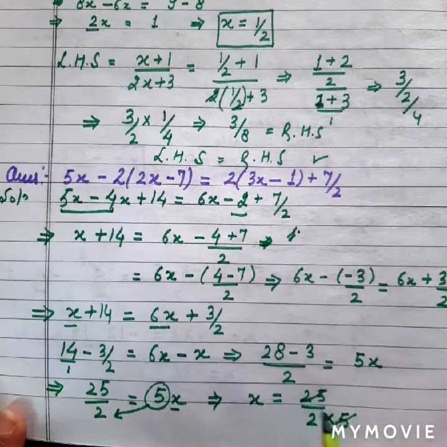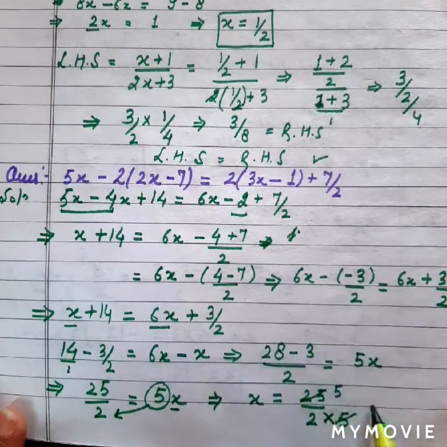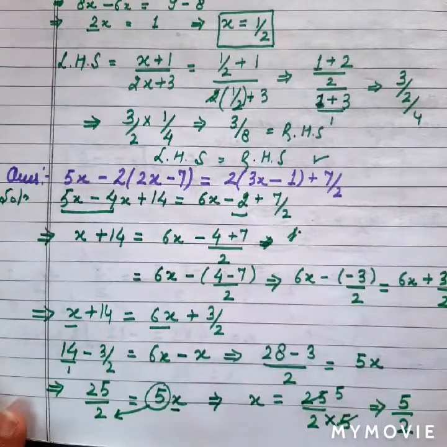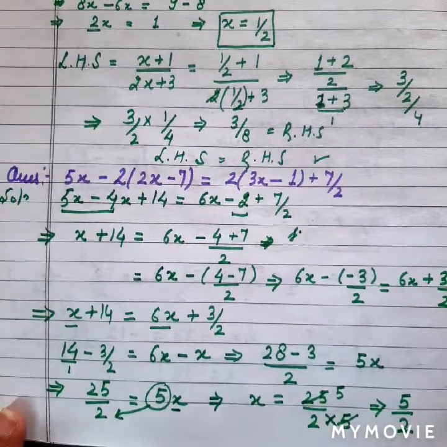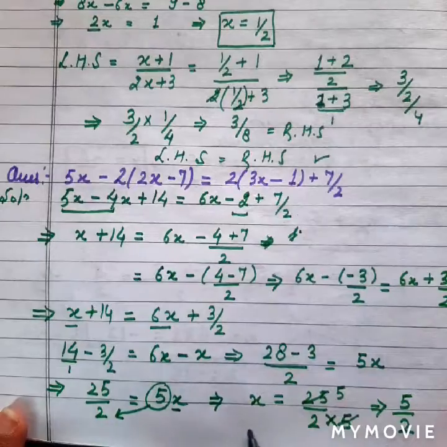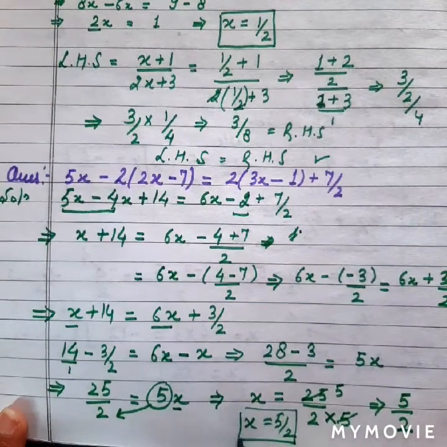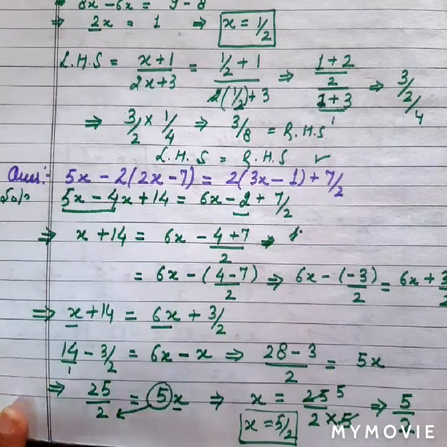So 5 5s are 25, and we are left with 5 by 2. So this is our answer, and x is the value of this equation.